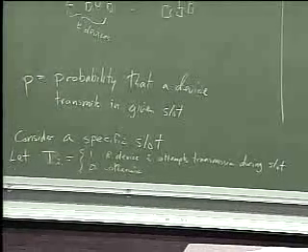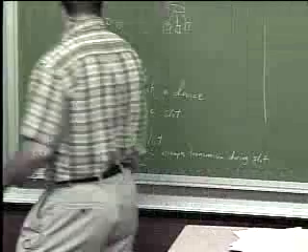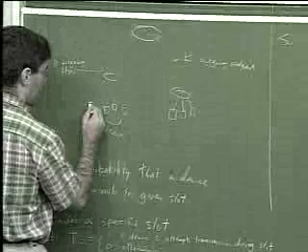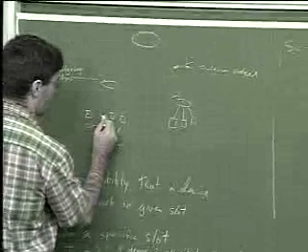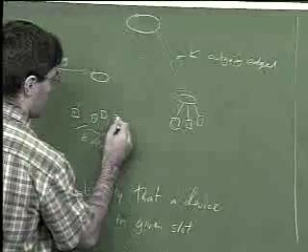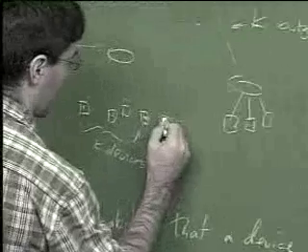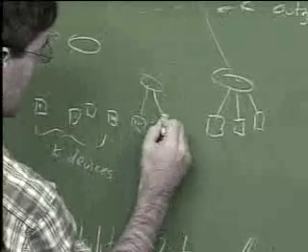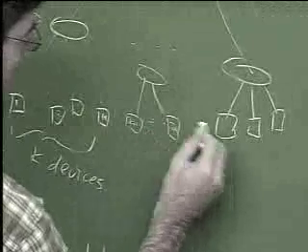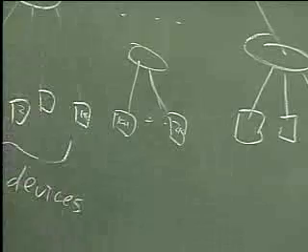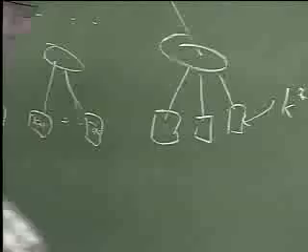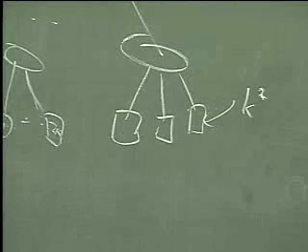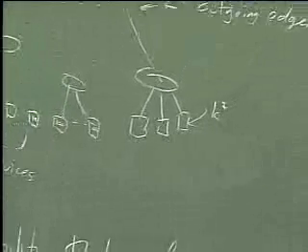One other thing I just said is we're numbering these devices. Let's number them 1 through K, and then the next batch would be K plus 1 under the next hub, up to 2K, etc. And then finally, since we have 2 levels, the last device would be number K squared. People following? Every device is assigned some number.